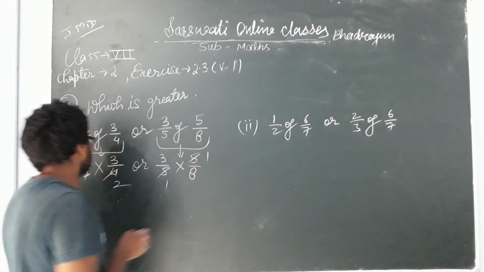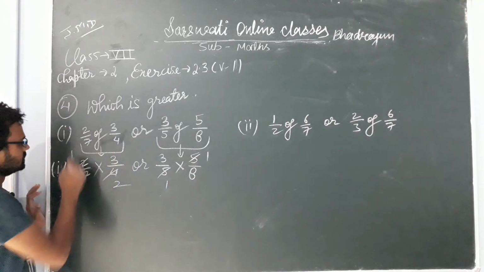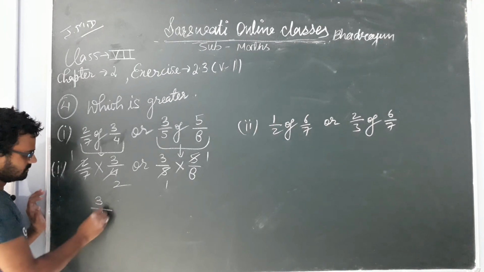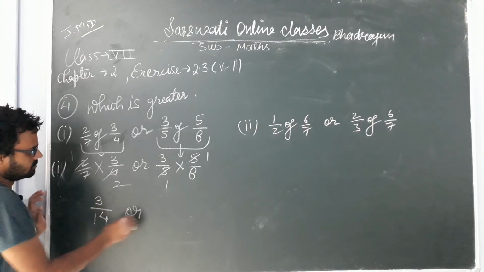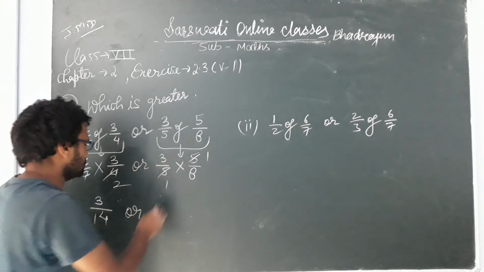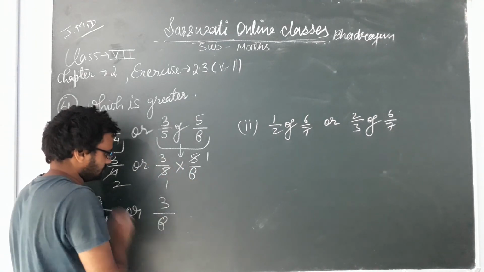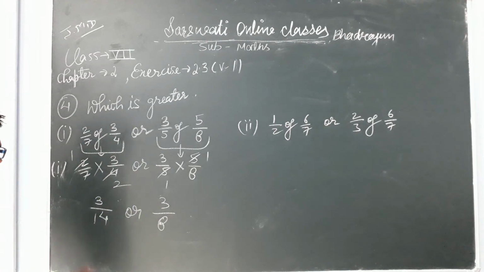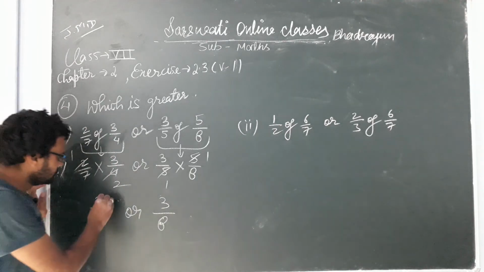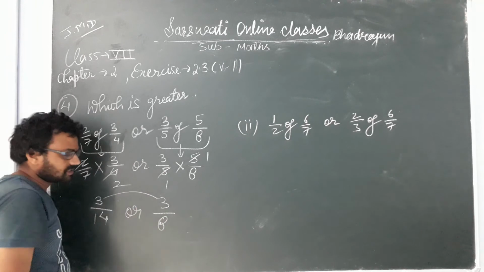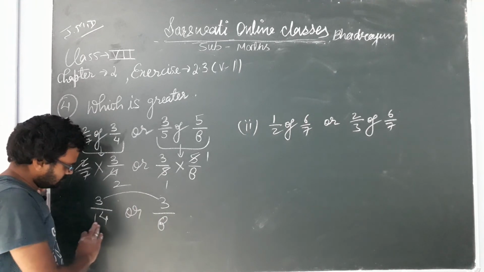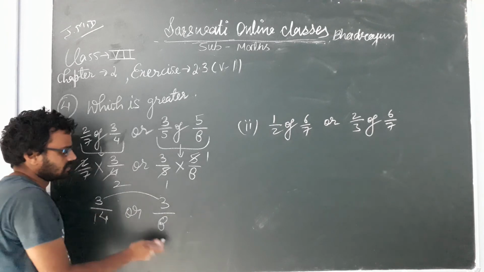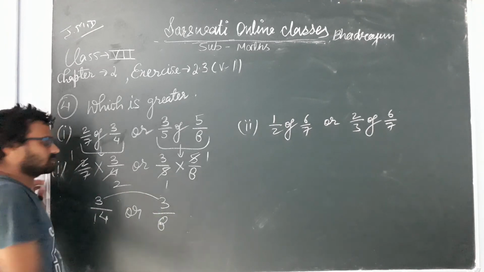Now what we will get is 3 into 1 is 3 upon 2 into 7 is 14, and this is 3 upon 8. Here we are clearly seeing that when our numerators are the same, then the number whose denominator is smaller will be greater.